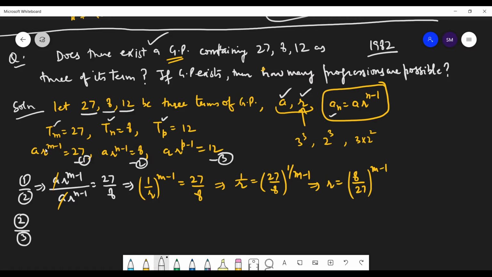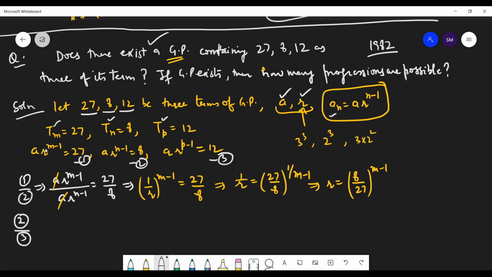Okay, now 2 divided by 3, a raised to the power n minus 1 upon a into r raised to the power p minus 1, 8 upon 12. So same way, a will be cancelled out. So r raised to the power n minus 1 minus p minus 1 will cancel out similarly.